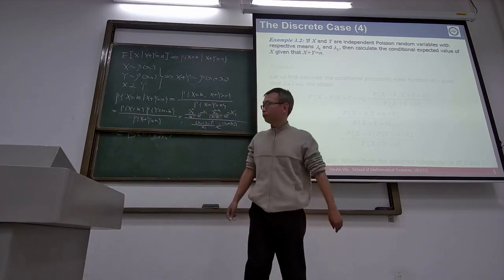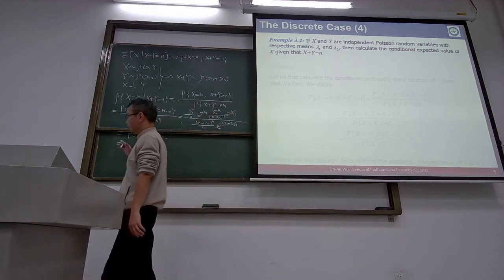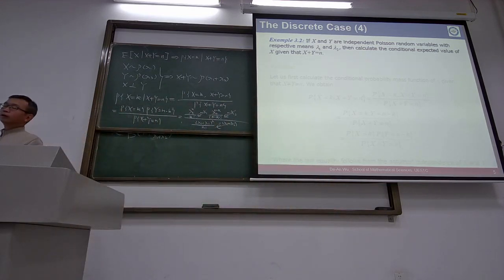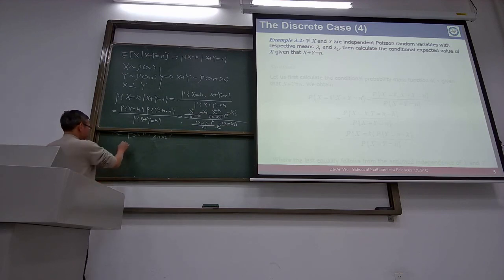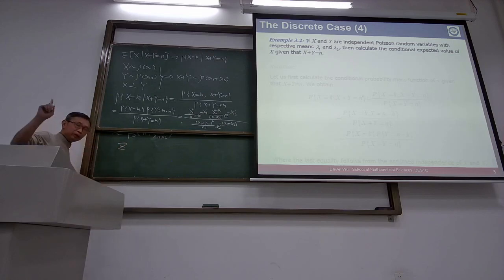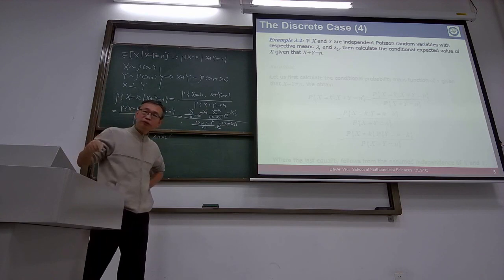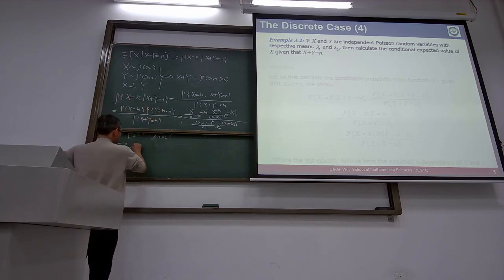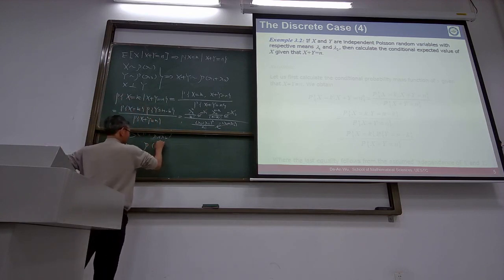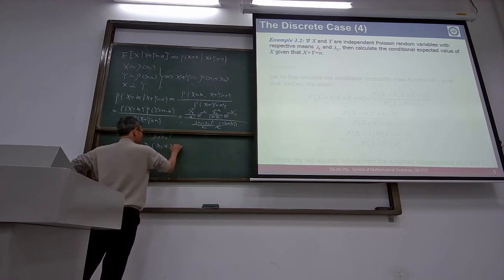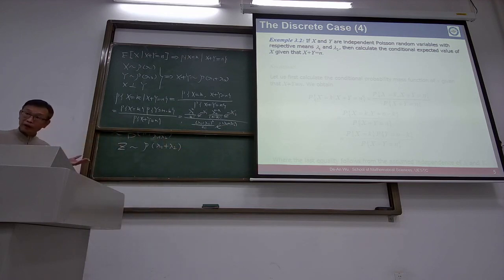For example, the process that customers enter a bookstore. In one day, the number of customers entering a bookstore follows Poisson with rate lambda 1 and lambda 2. Okay.